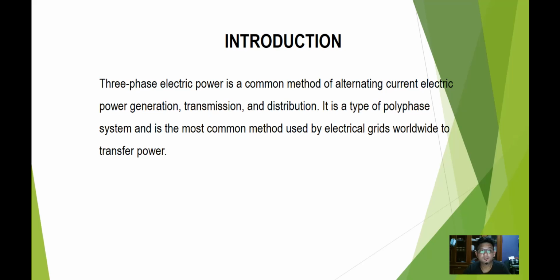Next, introduction. 3-phase electric power is a common method of alternating current electric power generation, transmission and distribution. It is a type of polyphase system and is the most common method used by electrical grids worldwide to transfer power.